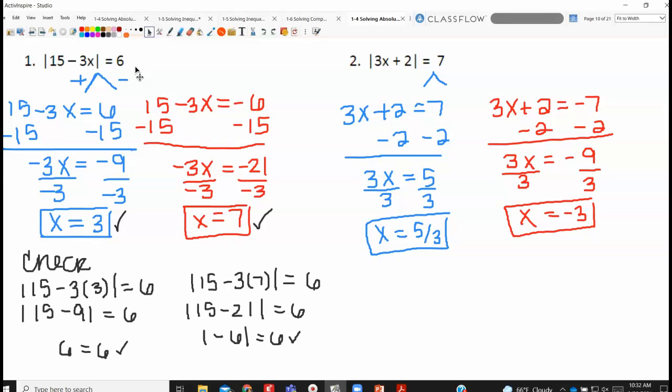And then you take your absolute value, and the absolute value of negative 6 is 6.